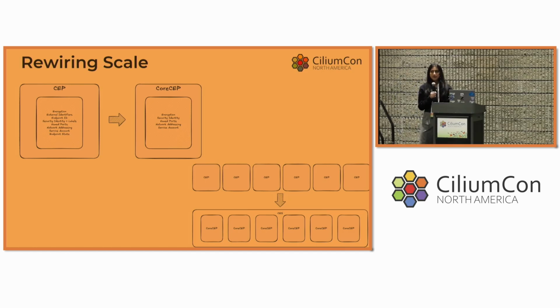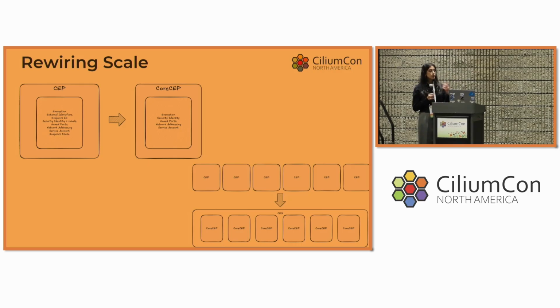So we start with the base concept where we have Cilium endpoints. Cilium endpoints map one-to-one with pods, and they're a slimmer representation of a pod in that they have fewer fields than a pod, but they still have more fields than we might need in Cilium. So when we create a core Cilium endpoint, we strip out some of those inessential fields. The one I really want to call out is that Cilium endpoints actually store security labels, and we strip those out.